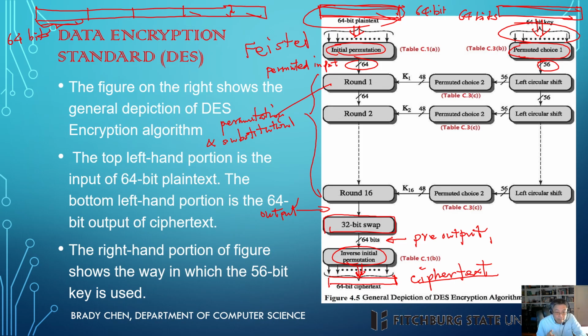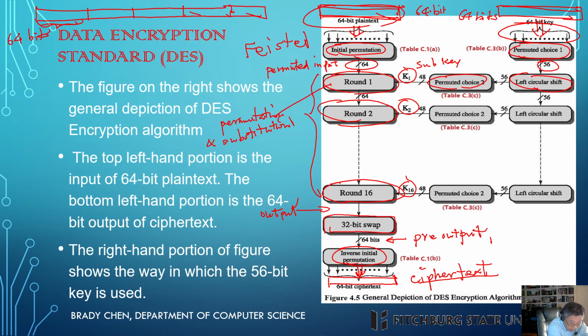Then for each of the 16 rounds, a subkey is produced: key 1, key 2, and all the way to key 16. For each round, a subkey is produced. To produce a subkey, we use a combination of a left circular shift and a permutation called permuted choice 2.